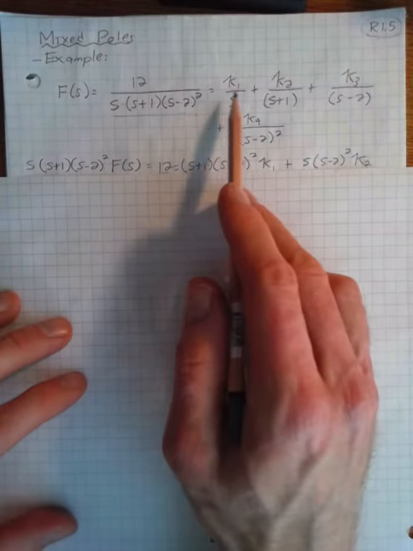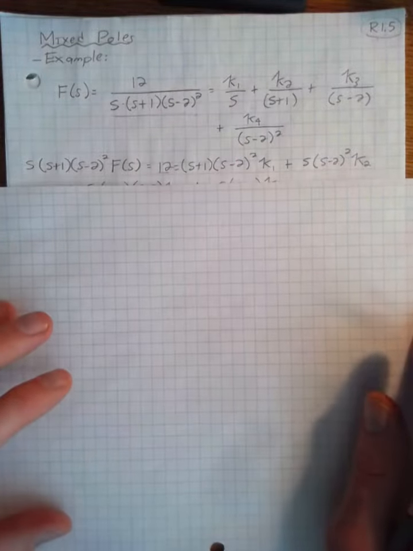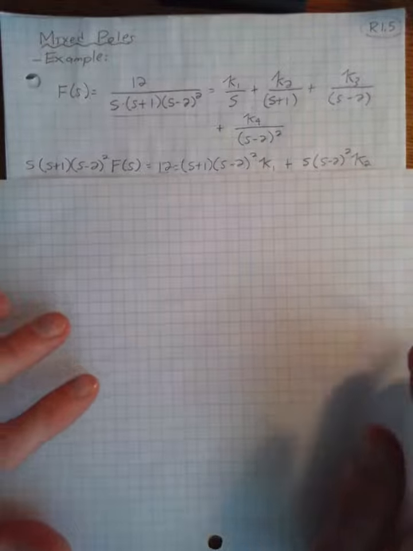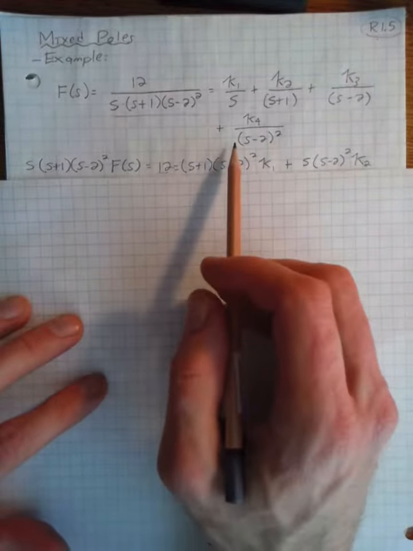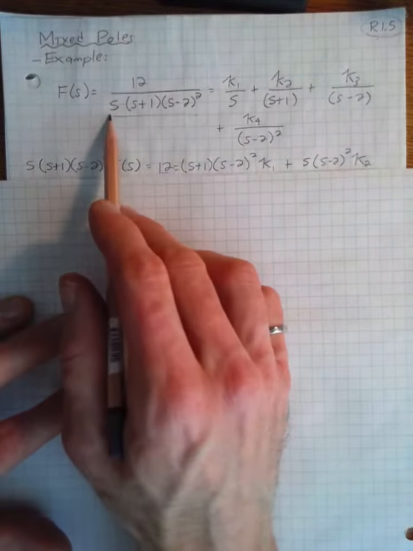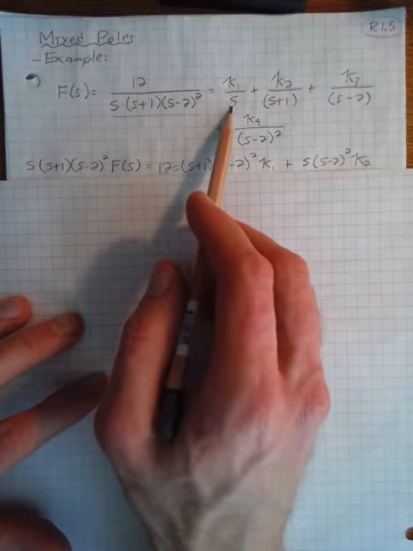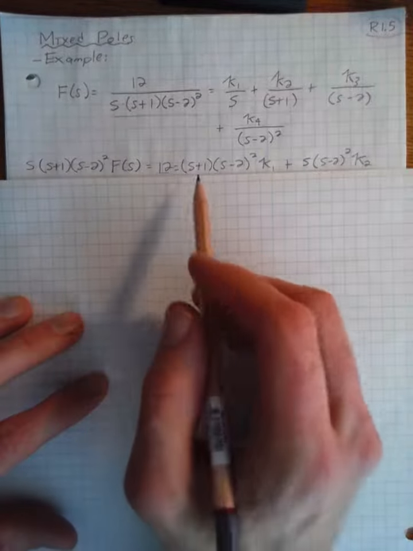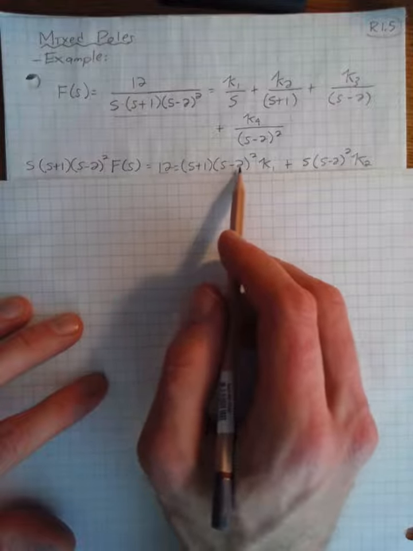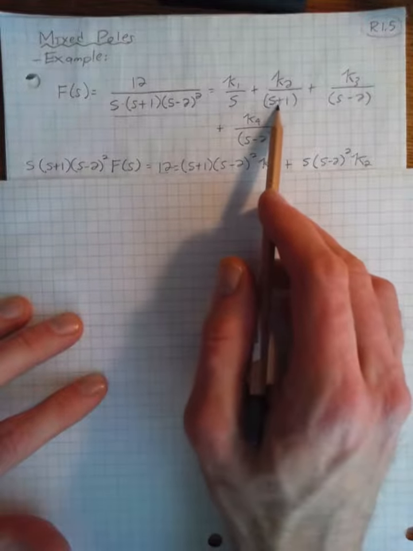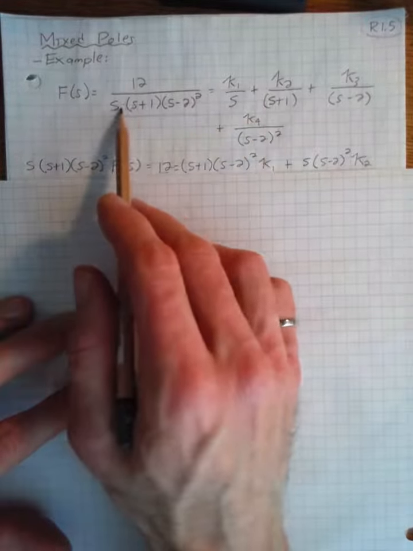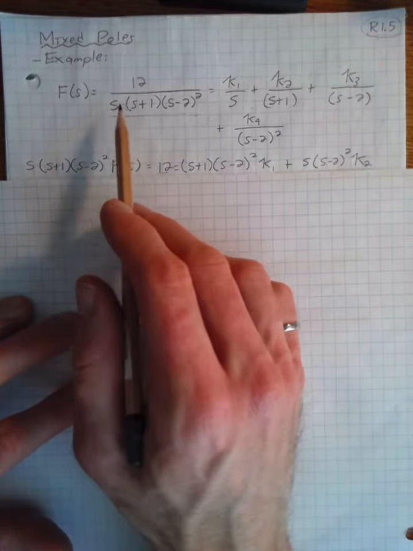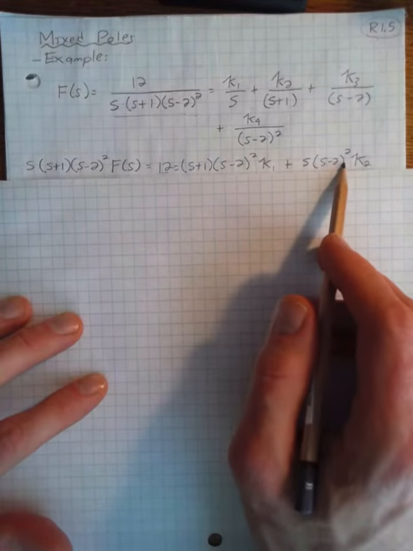And then when we multiply the right-hand side, I'm probably skipping a step here, but when we multiply by the denominator, the 1 over s cancels the s term, and we only have s plus 1 times s minus 2 squared. The s plus 1 cancels the s plus 1 here, and we have only s times s minus 2 squared.